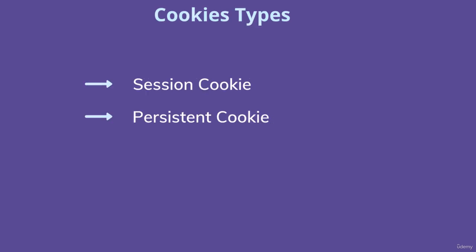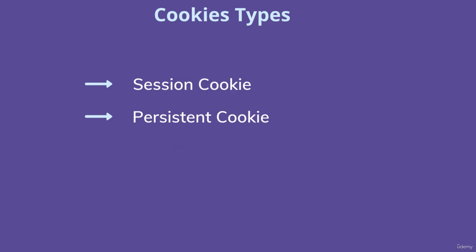Here we have two types of cookies: the session cookie and the persistent cookie. A session cookie doesn't have a lifetime, meaning as soon as you start communicating with the web application, your cookie will be generated and will work only for that specific session.